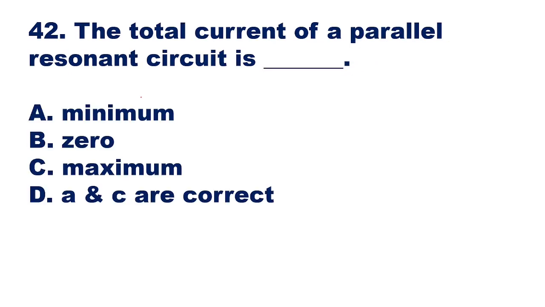The total current of a parallel resonance circuit. Now we know in parallel resonance circuit, at the resonant frequency there is maximum impedance and minimum current. So if you see the graph of parallel resonance circuit, say this is a graph of frequency versus current.